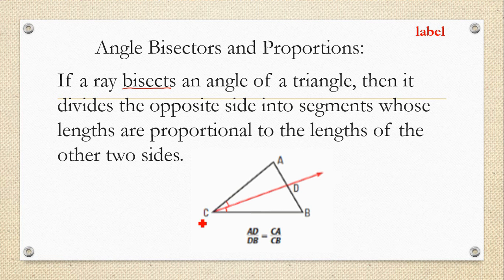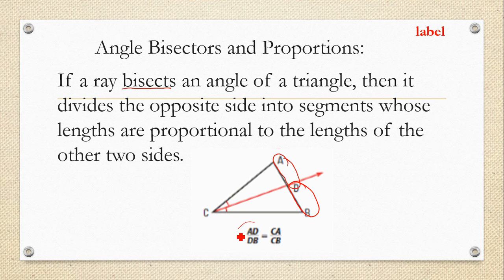In this case, it's C. C is being bisected or cut in half. So when that ray shoots all the way through the triangle, remember rays don't end, then we can set up a ratio that's equal to another ratio. So in this case, AD is matched up with DB.